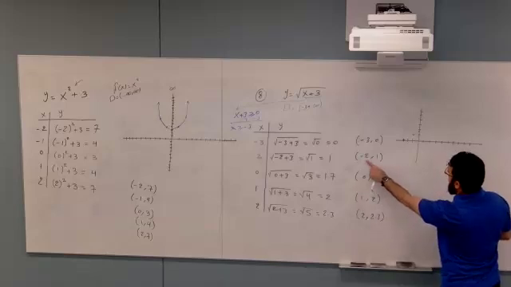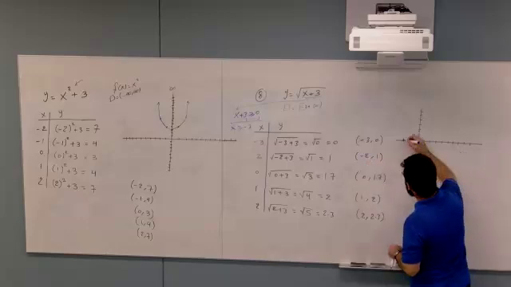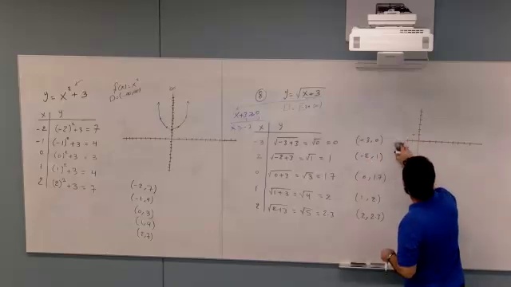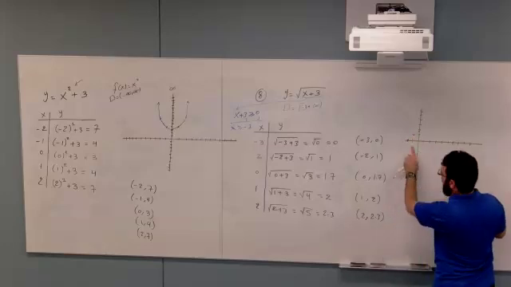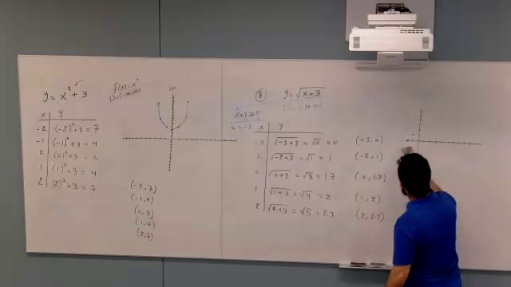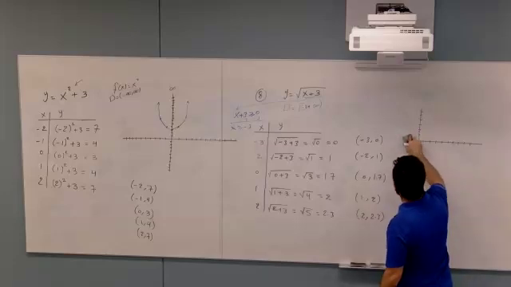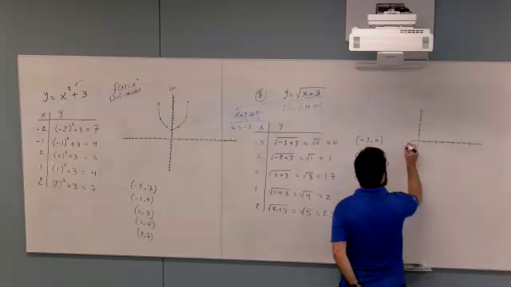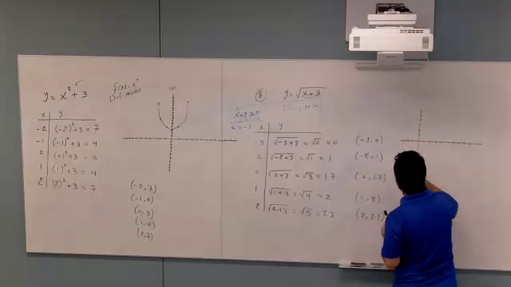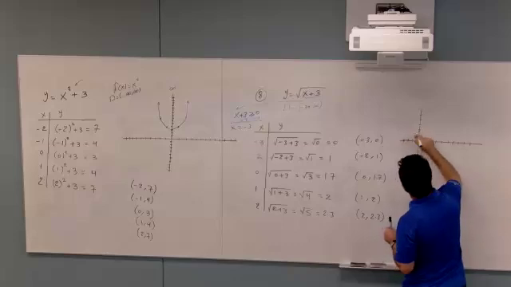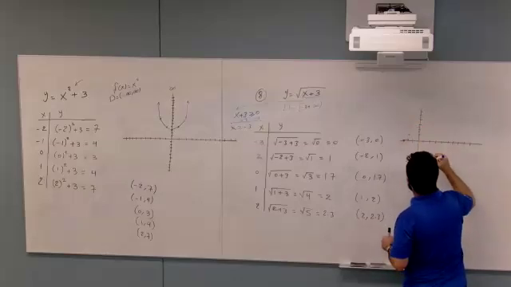You put in the negative 1 and 1? Oh, no, because this is negative 3. This is the first point. So negative 3 and 0, and negative 2 and 1 is going to be here.